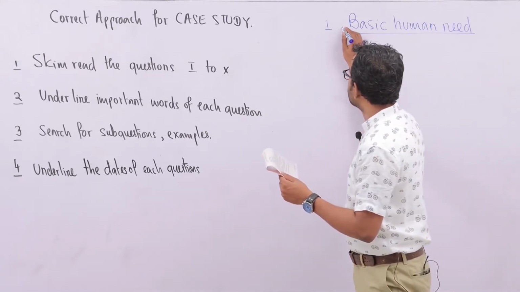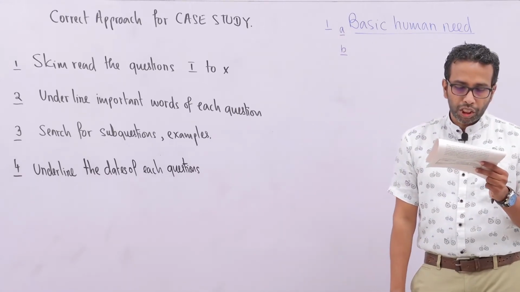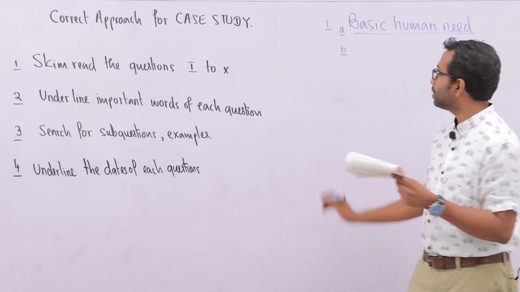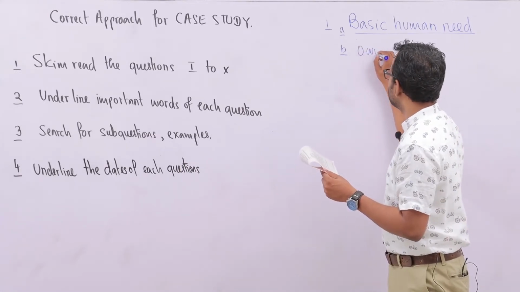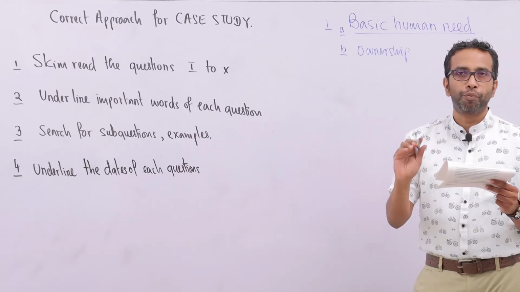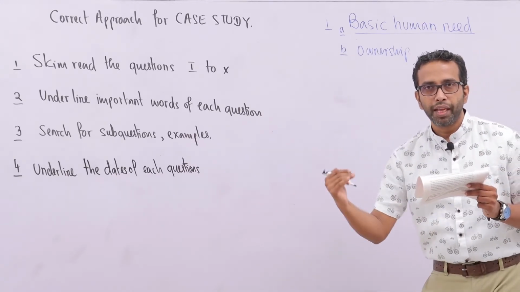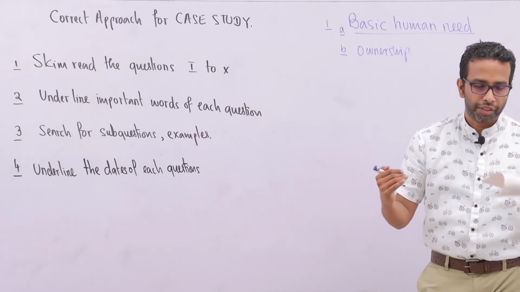A carries two parts. B, according to the ownership. It says ownership. According to the ownership, broadly you divide into private and public sector, and in the private sector you have a couple of entities, and in the public sector you have a couple of entities.